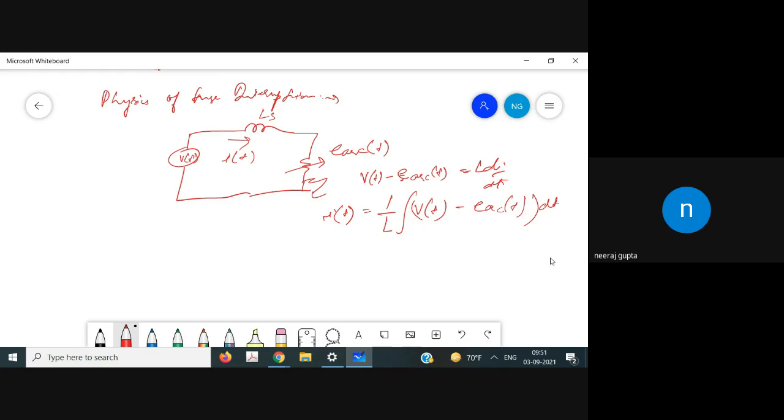In that very case, if you see the current, the first case is that the current is proportional to the area under the difference of source and the arc voltage.